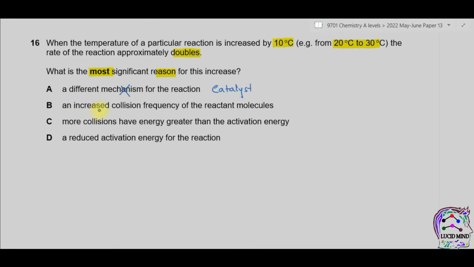Part B, an increased collision frequency of the reactant molecules. This is partly true because when temperature is increased, the collision frequency also increases. But we are more concerned about the successful collisions rather than the collision frequencies, because only successful collisions can give you product.